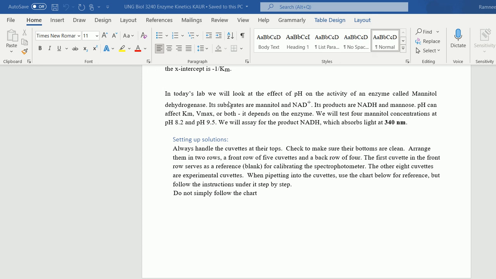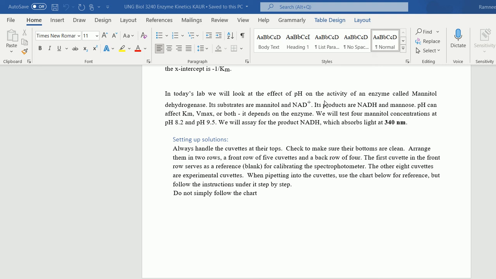And what is the rate of reaction? You are going to calculate it by measuring the formation of product. The substrates for this enzyme are mannitol and NAD+, and the products will be NADH and mannose.